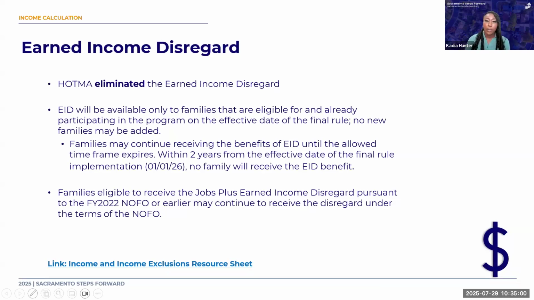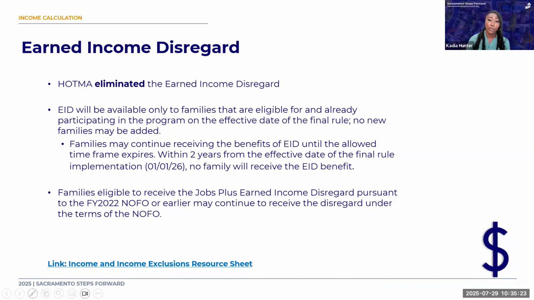Shifting gears, let's chat about Earned Income Disregard, or EID, one of HOTMA's key updates on handling increases in earned income. In short, for families who were already qualified and using it when the final rule kicks in, no adding new participants. Those families can hold on to the benefit until their 24-month clock runs out.